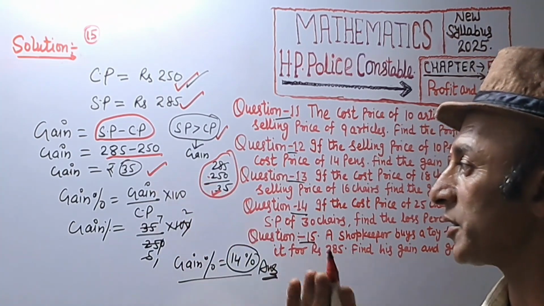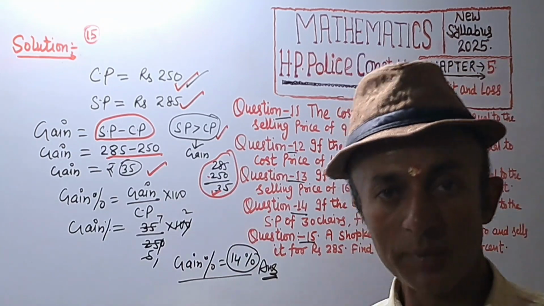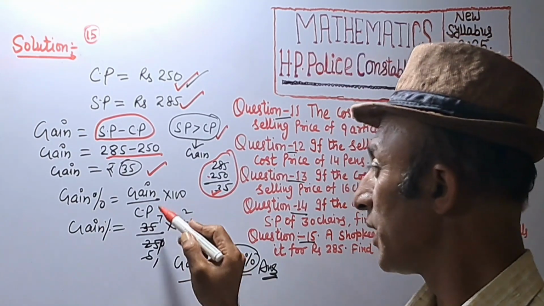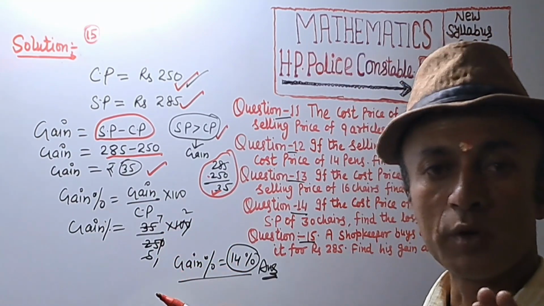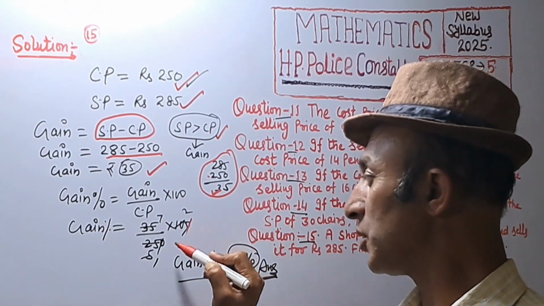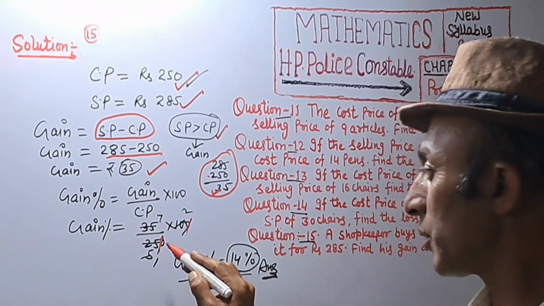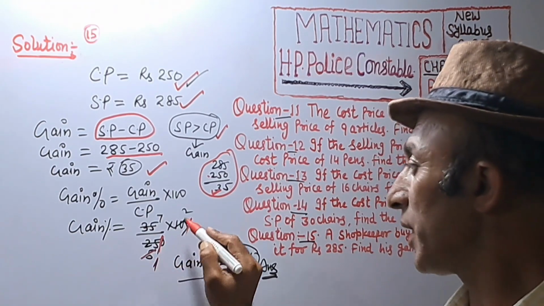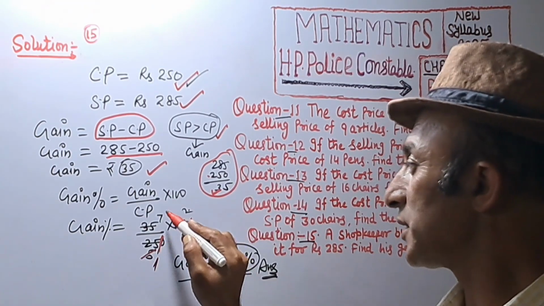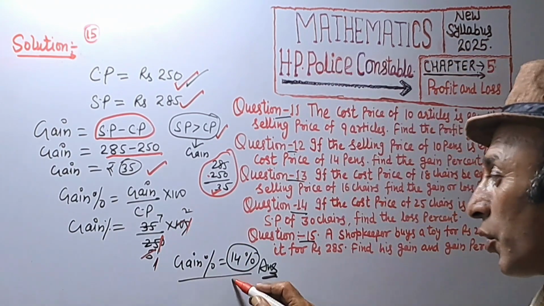Gain equal to rupees 35, and gain percent equal to gain upon cost price multiplied by 100. Gain is 35 upon cost price is 250 multiplied by 100. 0 is cancelled. 7 5s are 35, 5 5s are 25, 5 1s are 5, and 5 2s are 10. 7 multiplied by 2, gain percent, we get 14%.